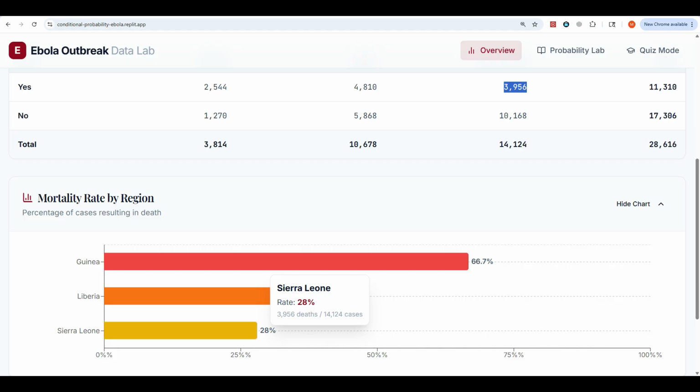That's not the case here. Here, it totally depends on what country you're in, right? That means that there is an association between country, location of the Ebola case, and whether or not that case dies. So we kind of get 2 for 1 here.